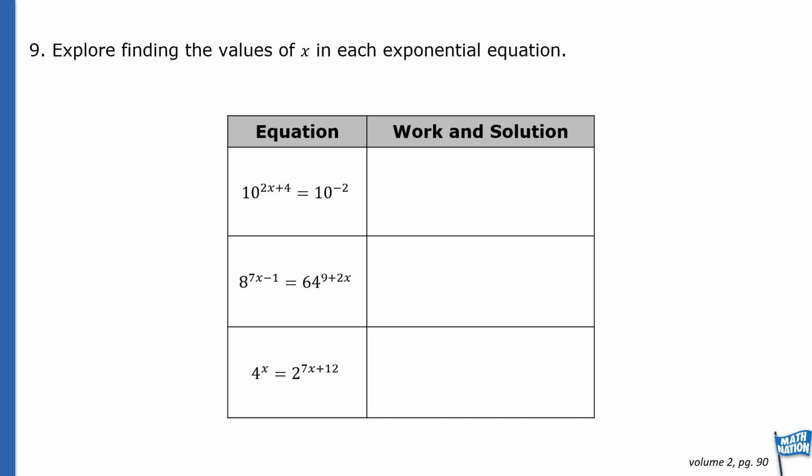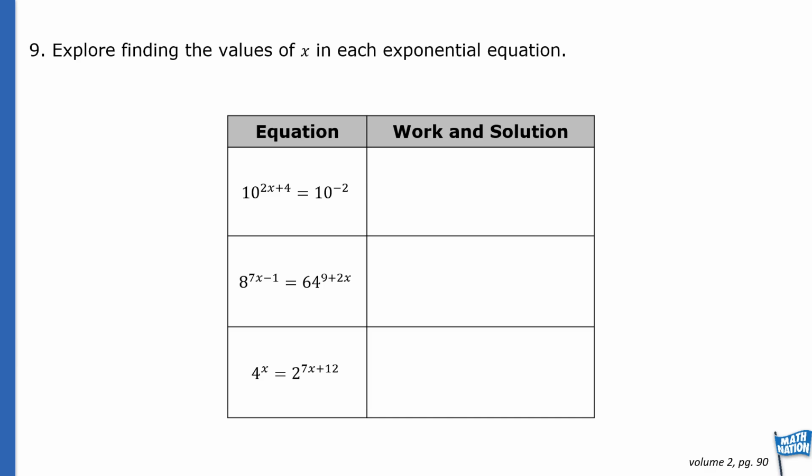For the next one, we have 8 raised to the 7x minus 1 equals 64 raised to 9 plus 2x. So right now, we don't have the same base. So let's use the base 8. On the left side, we don't need to change anything. But on the right side, 64, using base 8, we know 8 to the 2nd power gives us 64.